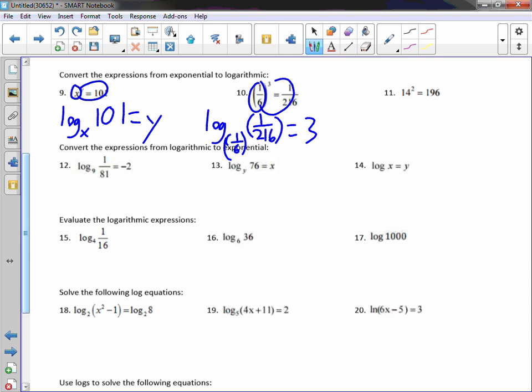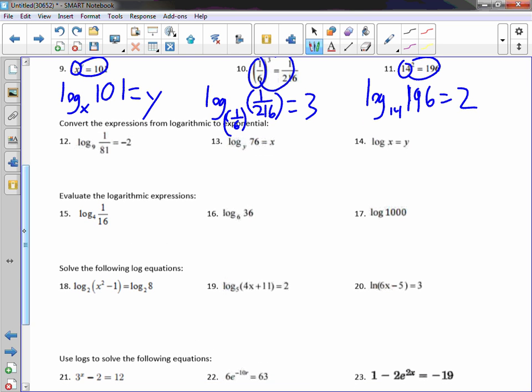Whenever you see a fraction, put parentheses around it. Not that you would necessarily be wrong without it, but there are times where you would be wrong without it, and you'll always be right with it. You're always safer just to put parentheses around a fraction. Number 11, we get log 14 of 196 equals 2. And that's how you do that.